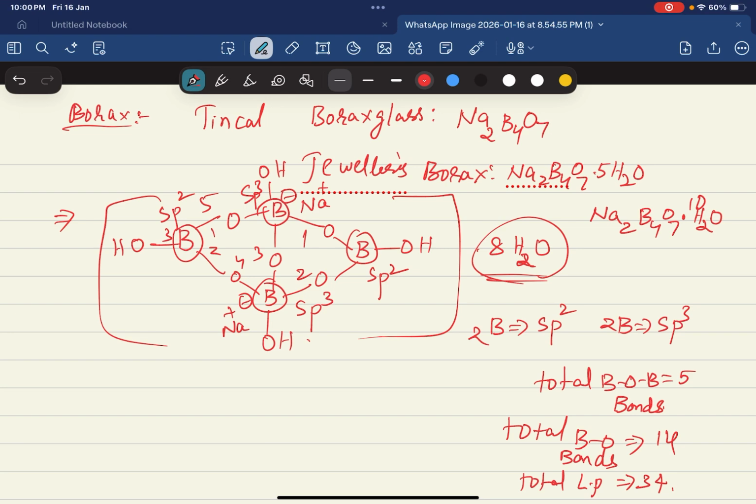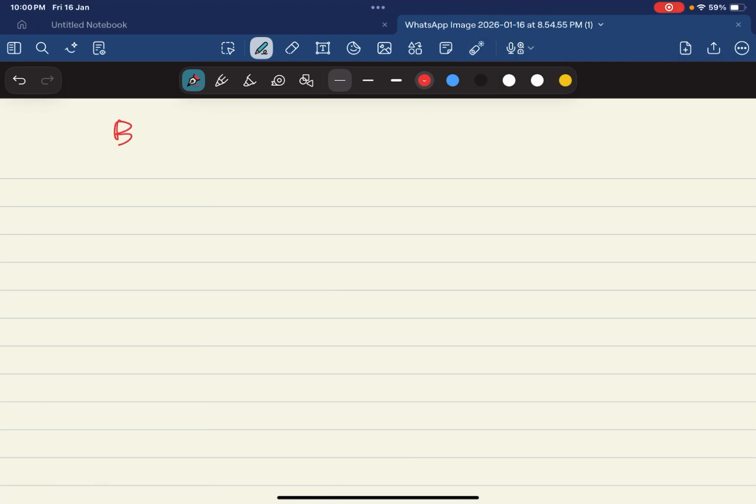So similarly, boric acid also. Very important is boric acid. Just go to the next page, and boric acid is H3BO3.